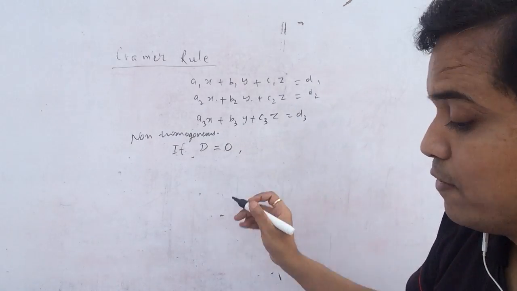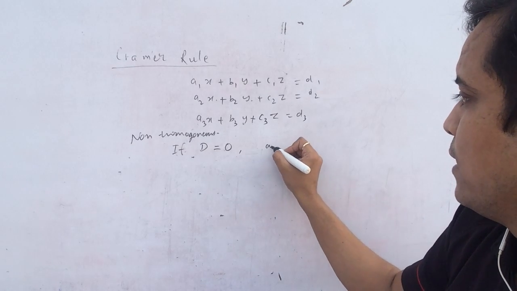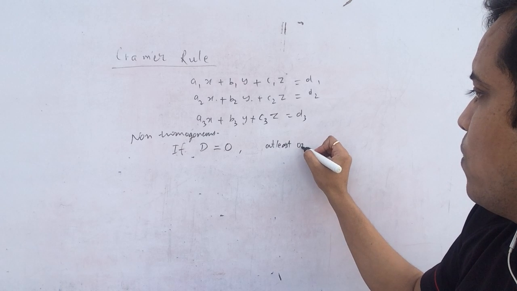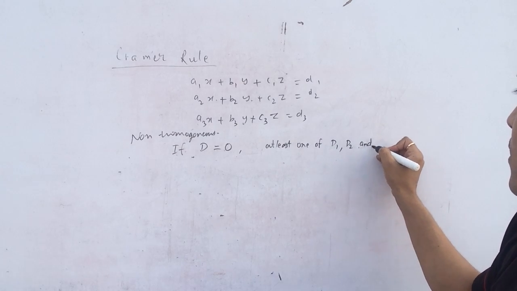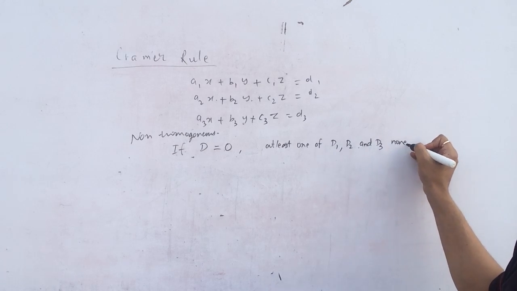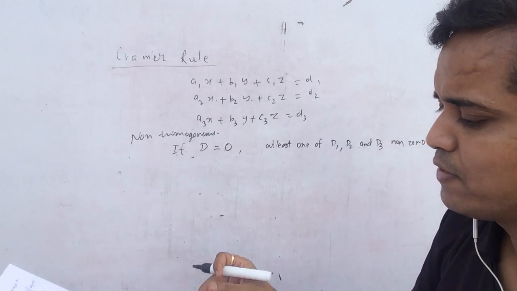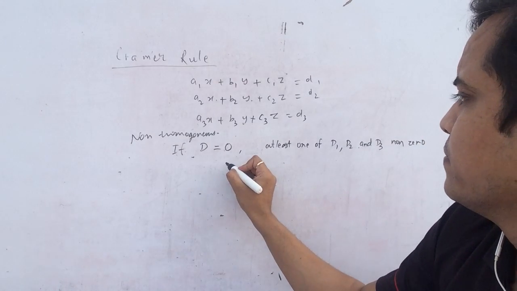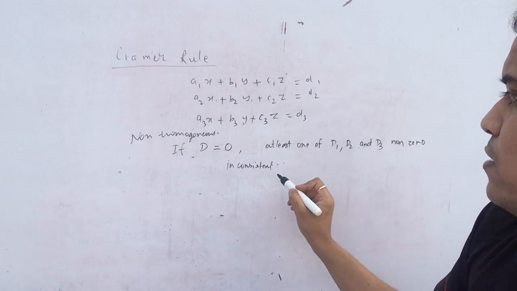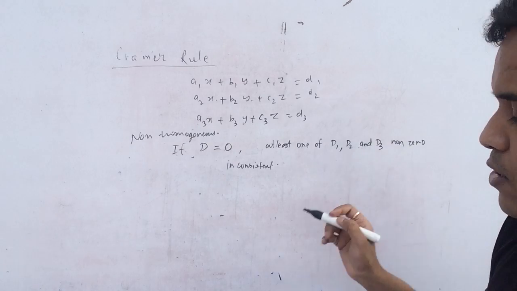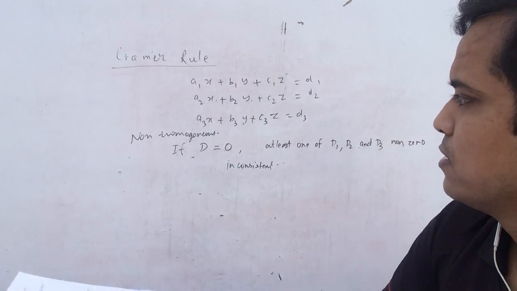So if D equal to 0, then at least one of D1, D2, D3 is non-zero, and then the given system is inconsistent. Here, if you get at least one of D1, D2, D3 non-zero, then the given system is inconsistent.